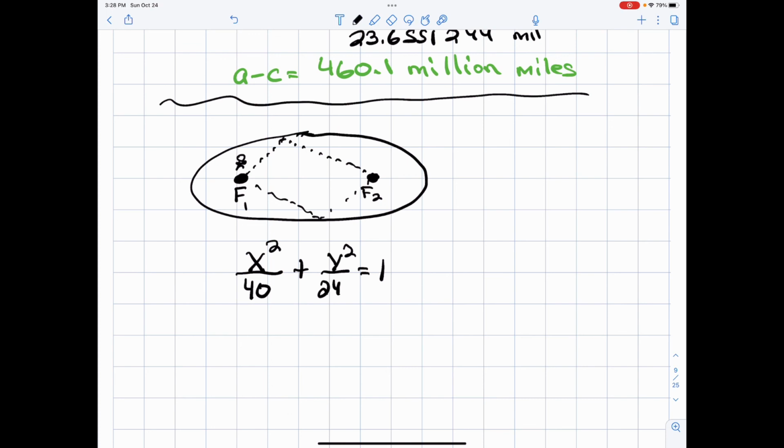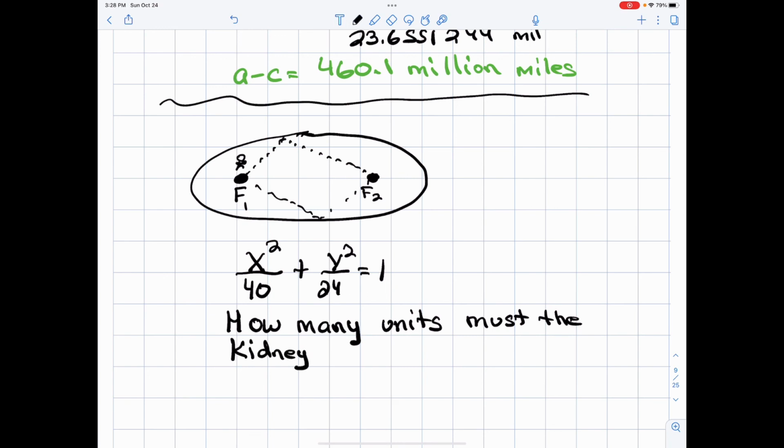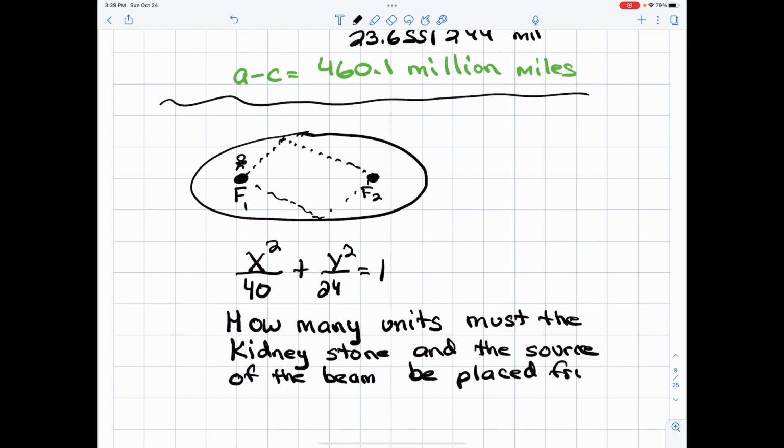And you're trying to figure out, how many units must the kidney stone and the source of the beam be placed from the center of the ellipse, the elliptical tub you're sitting in.